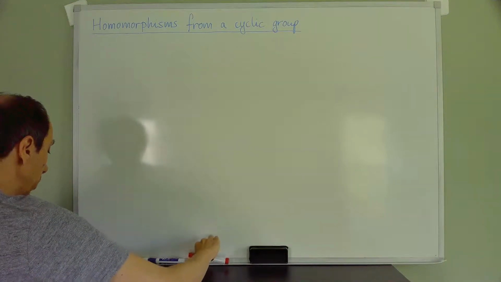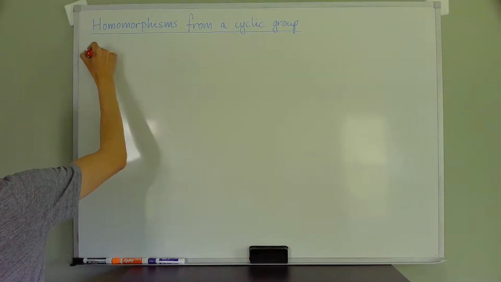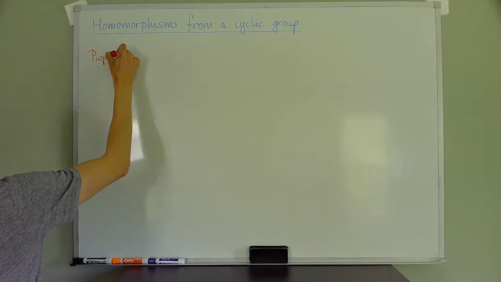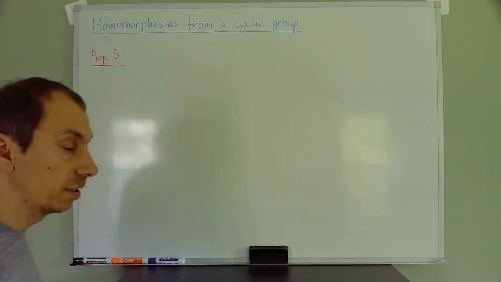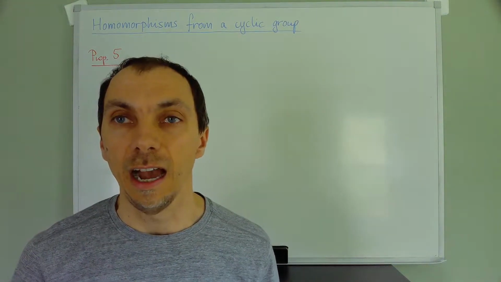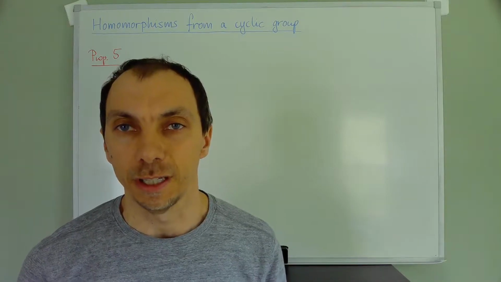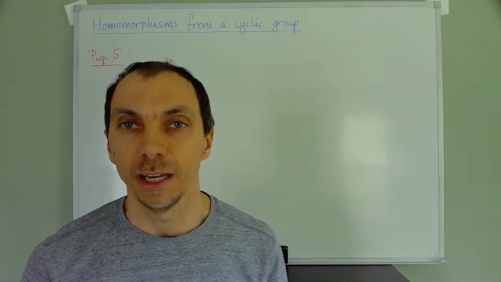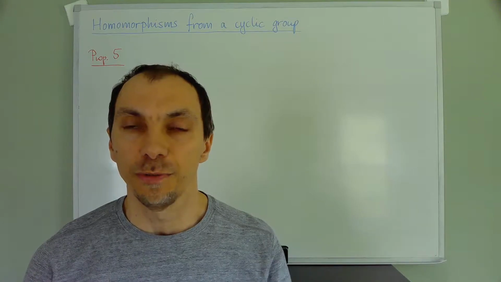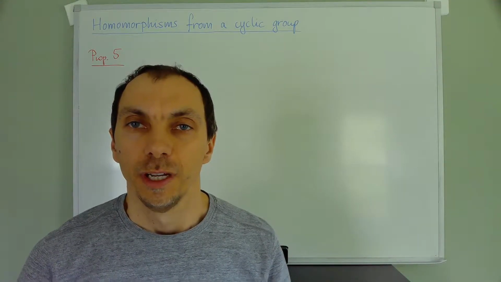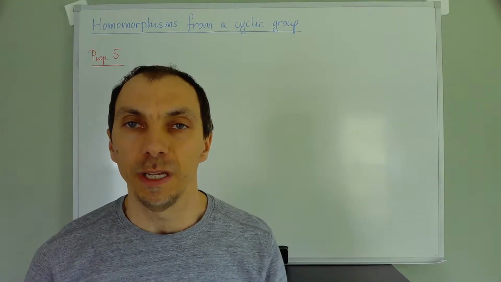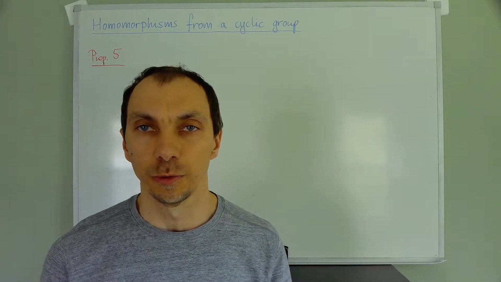So for us, this is going to be proposition 5. And it tells us how many really different cyclic groups there are. Remember we talked about isomorphic groups being indistinguishable from the point of view of group theory.